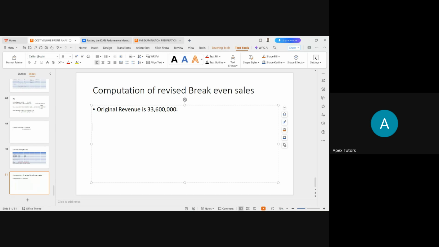What is the portion of product A and the portion of product B based on the B part computed? Still working based on that revenue mix: for A, 20%, and for B, 80%. Revenue mix for A is equal to 20% of 33,600,000, which gives us 6,720,000.